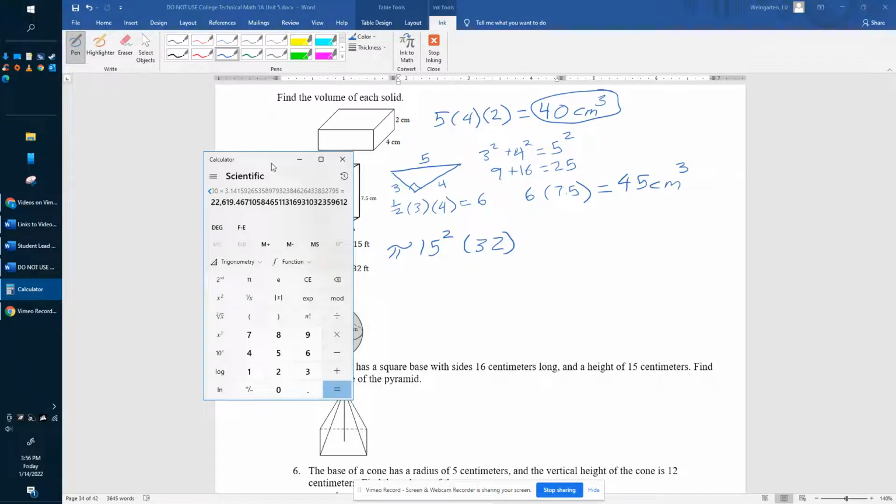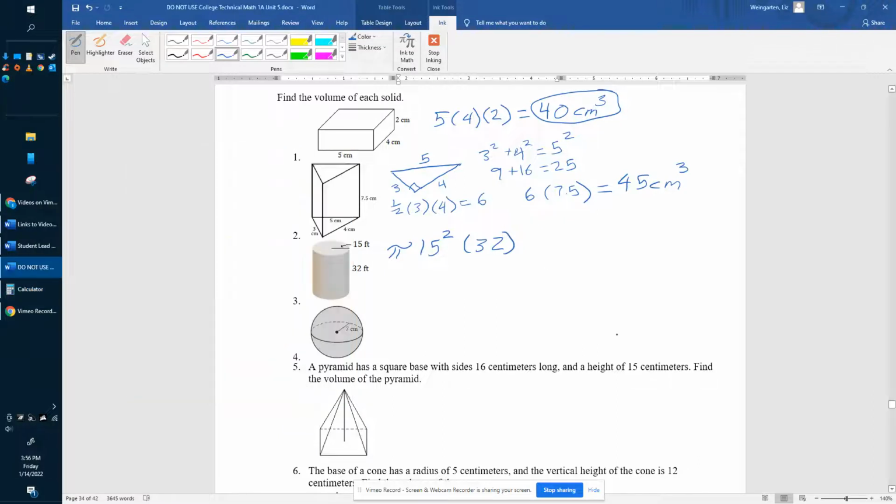It is very large, 22,619 feet cubed. Must be one heck of a column.